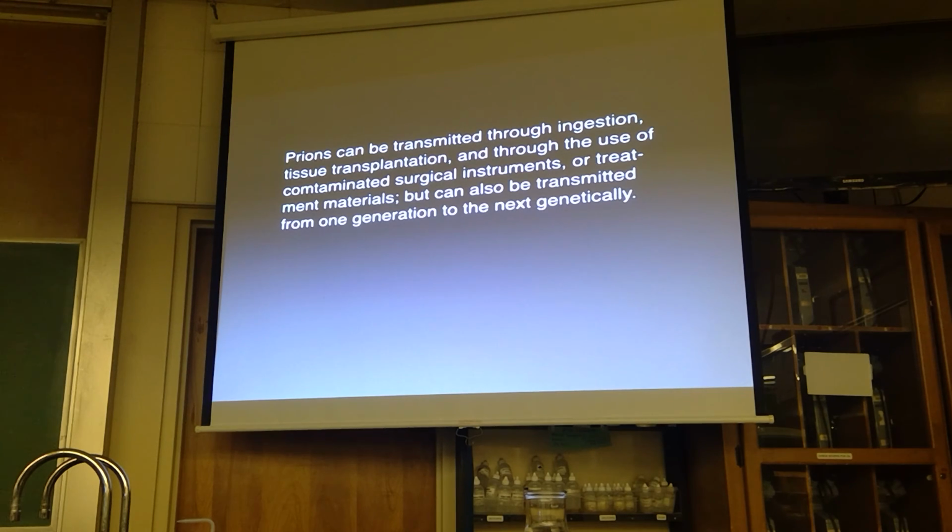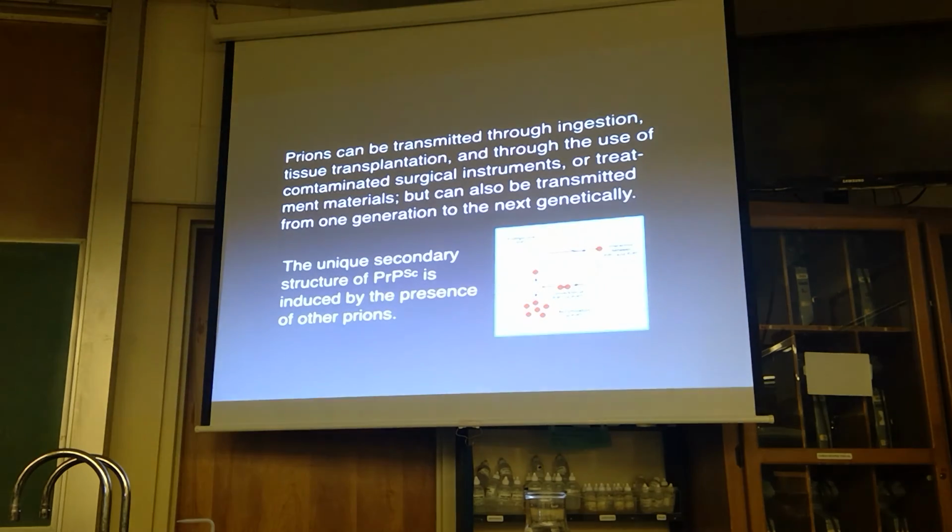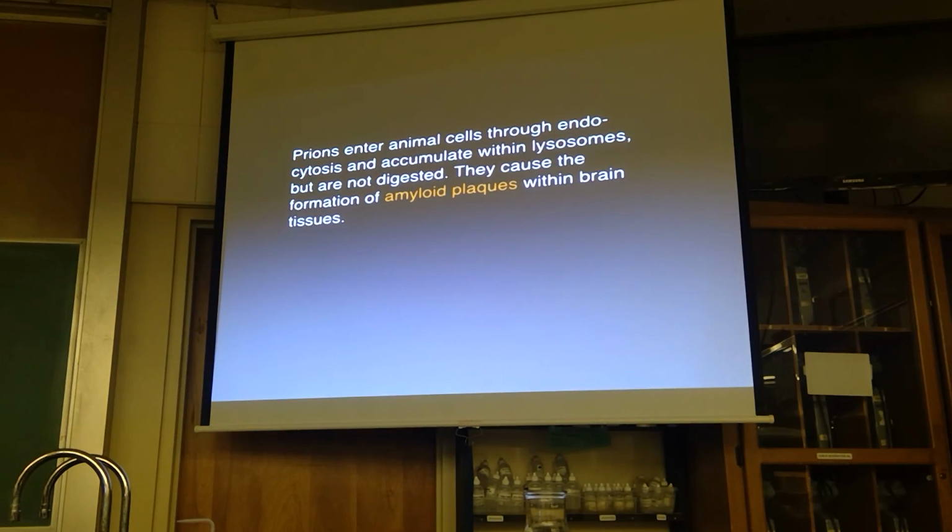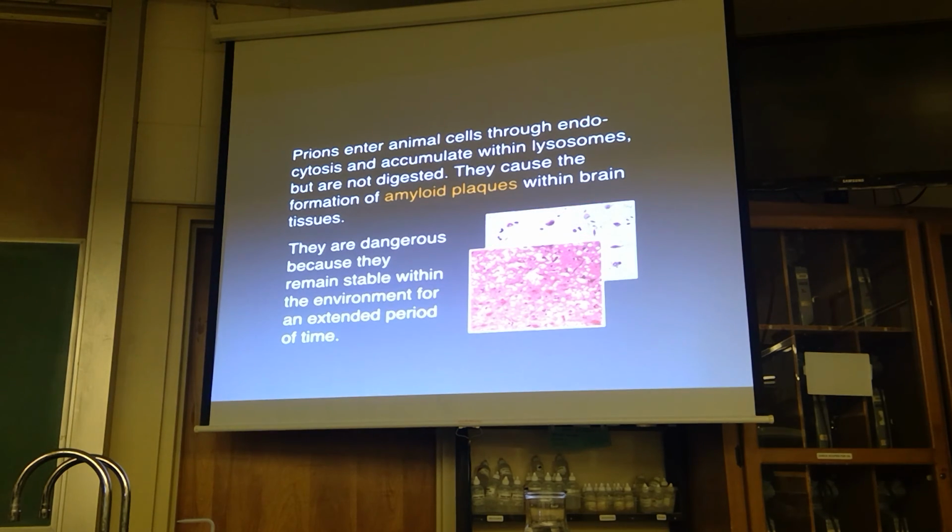They can also get in through tissue transplantation, use of surgical instruments, etc. So it's a totally unique method of reproducing, where what they're doing is just getting into the vicinity of normal proteins and causing normal proteins to become prion proteins. It's a recruitment operation. And once you have a bunch of these abnormal proteins, they begin to cause the formation of amyloid plaques. They basically destroy the brain tissue.